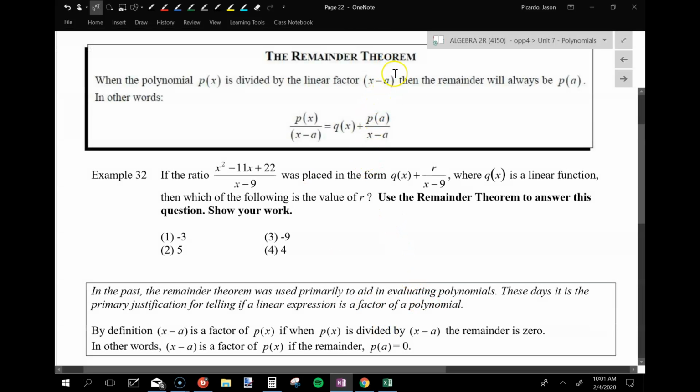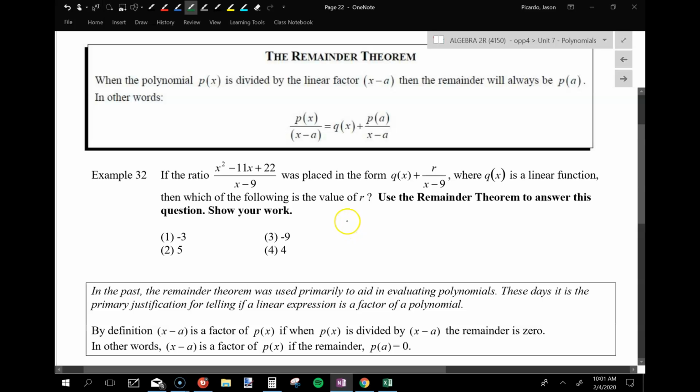All right, so what would I do here, guys? It says here's a ratio, right? What is the value of r? Now look at what it says. It says it's placed in the form q of x, where q is the quotient, plus r over x minus 9. Which of the following values is r? So what does r stand for in this case? Remainder. So if I just want to know the answer to that question, I'm just going to synthetically divide it to see what happens, right?